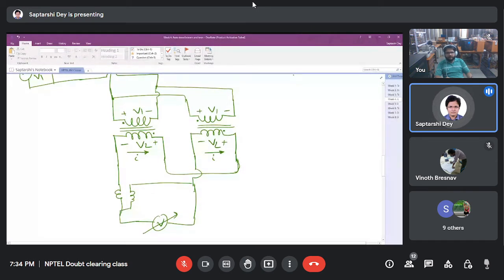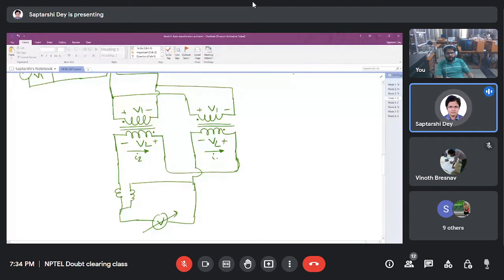Now, if you have full load current, say I2, flowing in this fashion from undotted terminal to dotted terminal, you will have full load current in these terminals also.